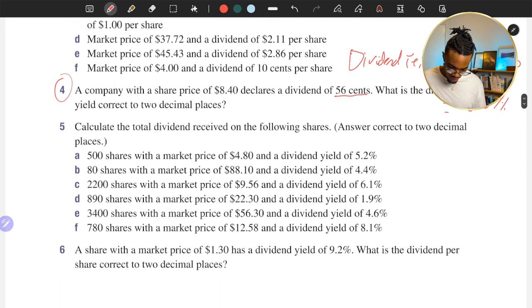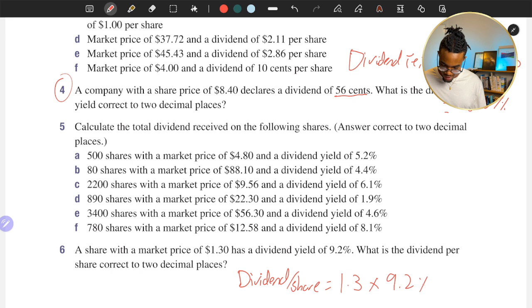Let's go to question 6 and then we'll finish up. A share with a market price of $1.30 has a dividend yield of 9.2%. What is the dividend per share corrected to decimal places? This is going to equal 1.30 times 9.2%, because we get 9.2% back in the dividend.